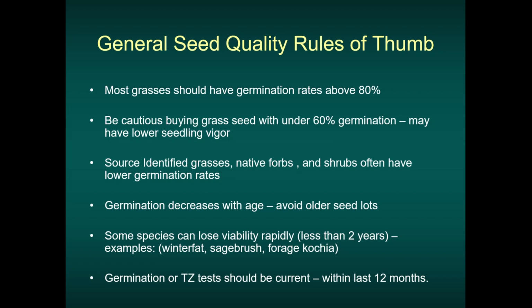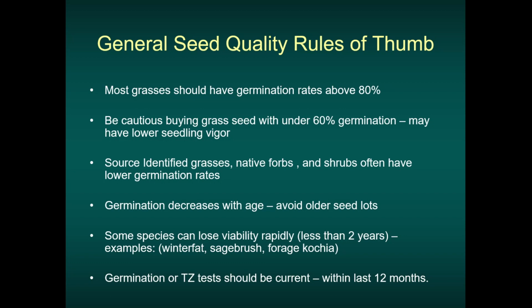You can adjust your seeding rate based on this, but if the germination has decreased that much, you might be looking at seedlings with lower vigor. There's going to be something wrong there, so you might have poor establishment. Native, source identified, wildland collected grasses, forbs, and shrubs often have low germination rates and very low purity, depending on the lot.